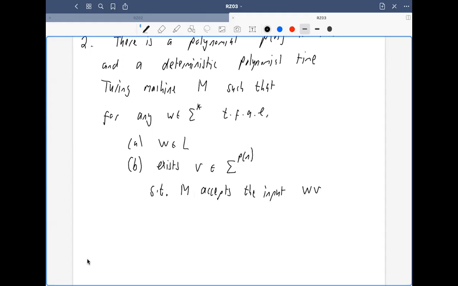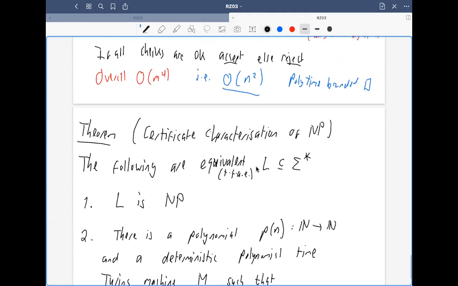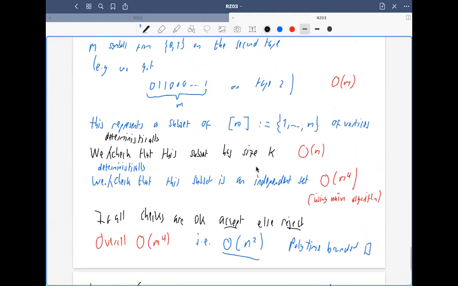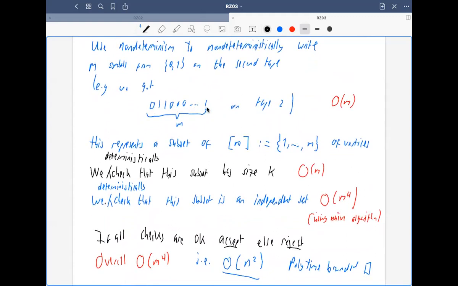Okay, so the idea is, in order to verify that a word belongs to the set of words we're interested in, satisfies the condition we're interested in, we've got a deterministic way of checking: if somebody gives us a suitable certificate, then we can verify that the word W belongs to L using the certificate V. So in our case, the certificate was this string here of length m that specifies the independent set.